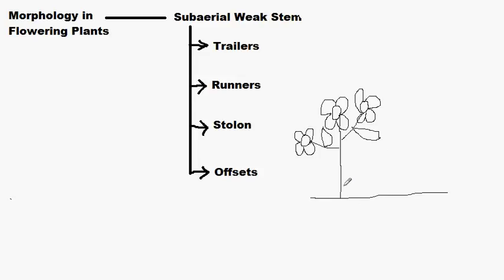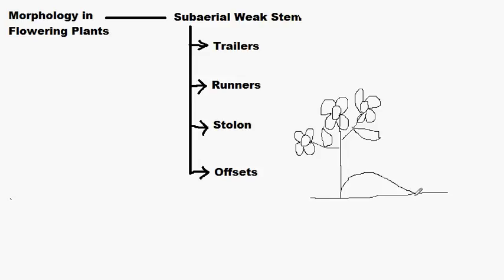But what happens is from the lower part of the plant, a branch may arise which is not similar to the other branches. This branch will be a subaerial weak stem, and this stem will just obliquely grow downwards, and it will touch the ground.